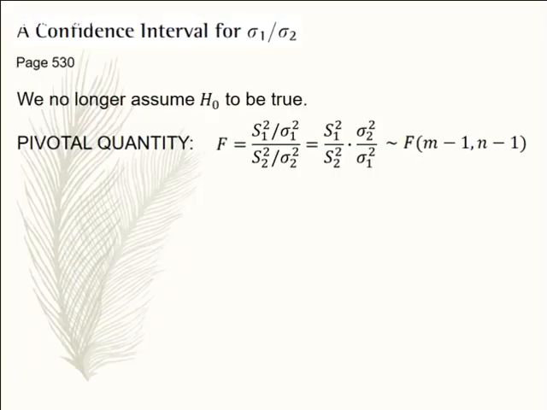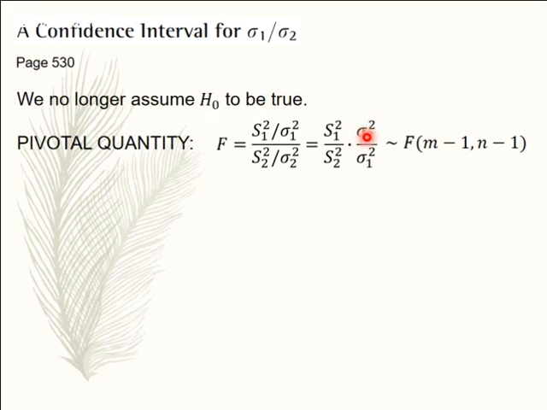Lastly, let's have a look at how you calculate a confidence interval. On page 530, you see that they've given you the confidence interval and a bit of guidelines on how to do it. As is our custom, when you want to find the pivotal quantity, you're no longer assuming the H0 is true. So this sigma 1 squared and sigma 2 squared term here comes back.